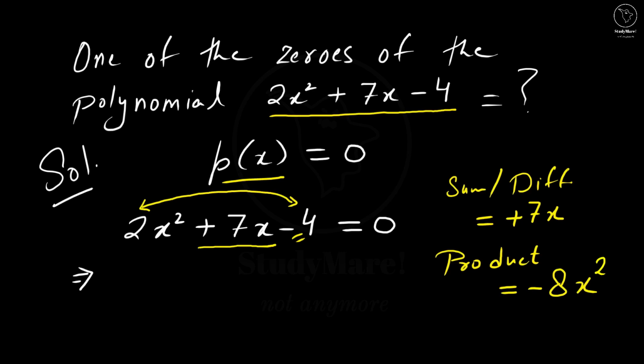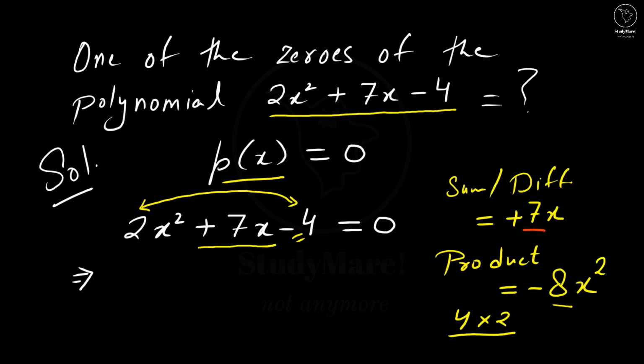Looking into this, product 8, that means we can have the factors as 4 into 2, one set. But 4 into 2, when we add 4 and 2, we will get 6. We subtract, we will get 4 minus 2. So we are not getting 7.